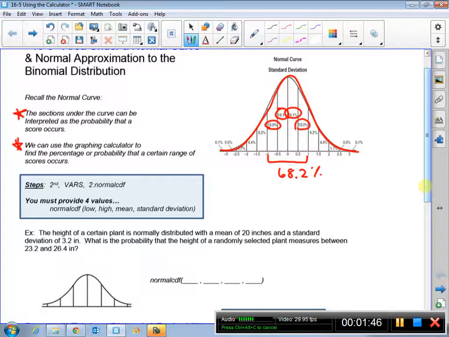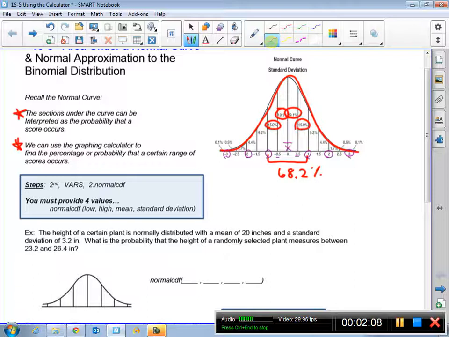That really opens it up, because we don't just have to use the mean and one standard deviation or two or three, like we always set up our curves, or even the halvesies. We can go from any score to any other score.